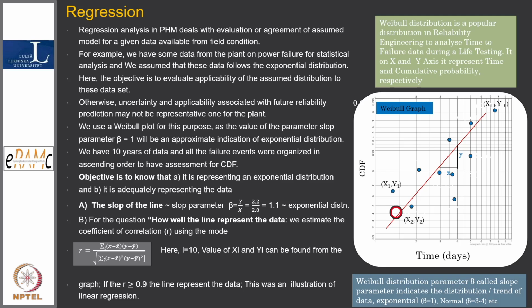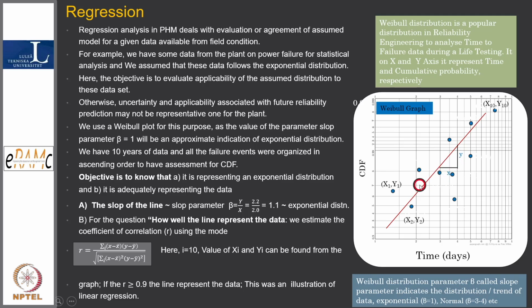whether my data is having a normal distribution, whether my data is having a Weibull. Actually, Weibull distribution is good, because if the data basically belongs to an exponential distribution, then this line will have a gradient tan theta, you can say, gradient will be 1, that is perpendicular by base, you know.